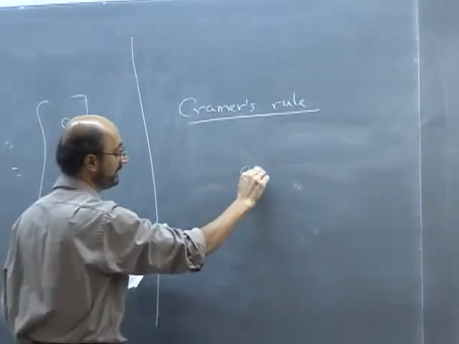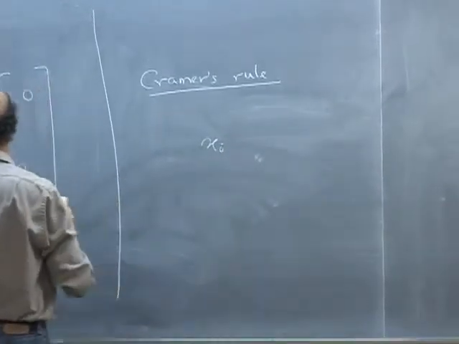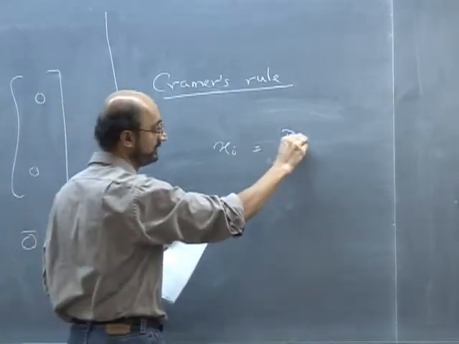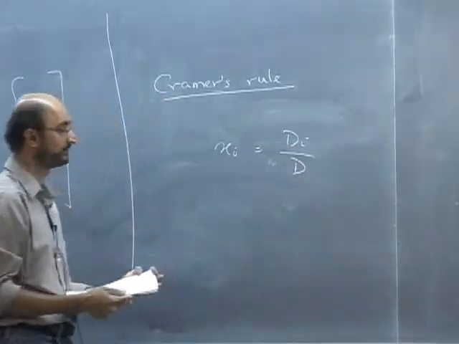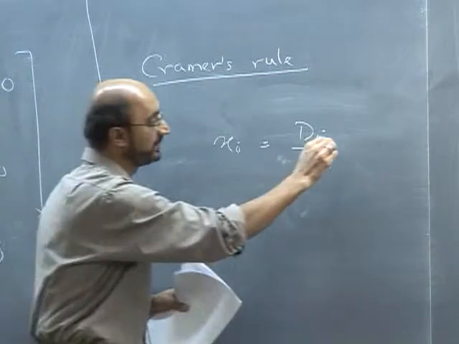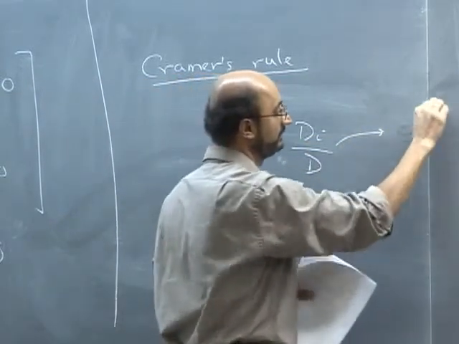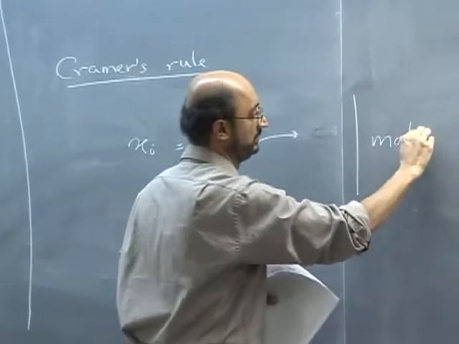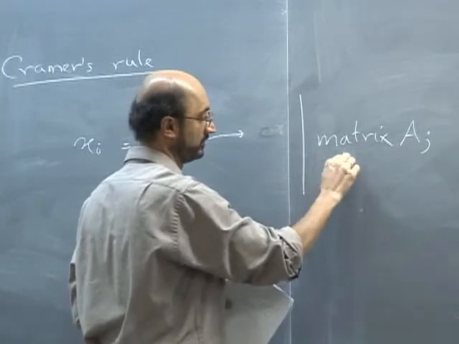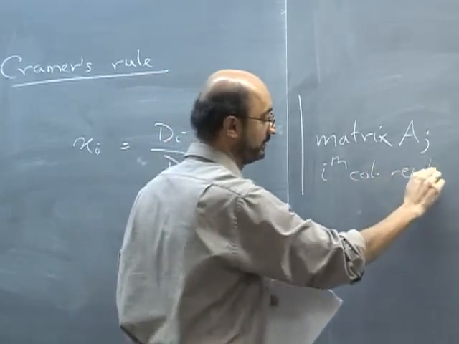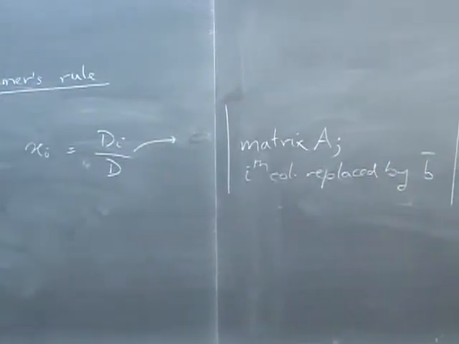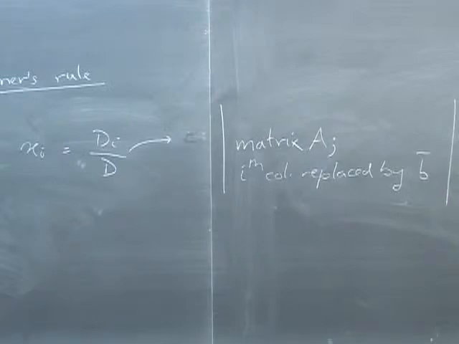Cramer's rule says that x sub i, the ith value of the eigenvector, is given by d sub i over d, where d is the determinant of the matrix A, and d sub i is the determinant of matrix A with the ith column replaced by B, the right-hand side. That's the definition of Cramer's rule.